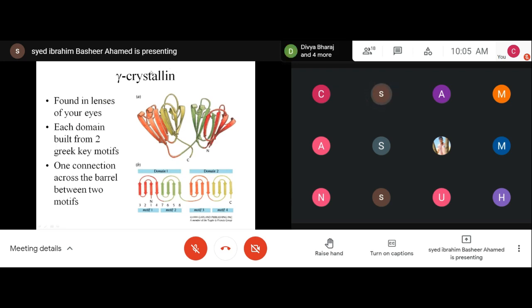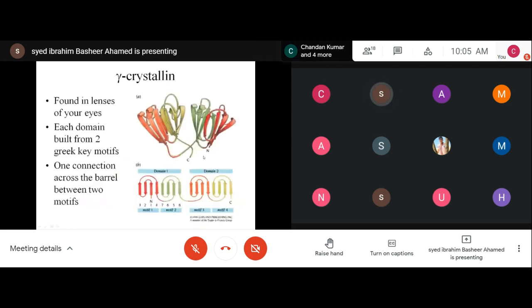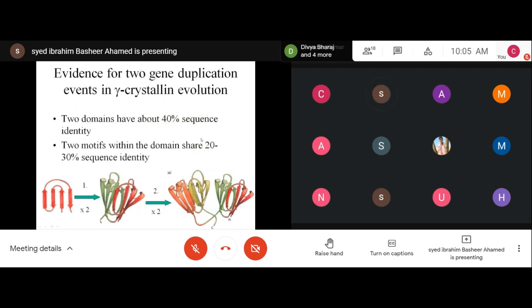Here you have two domains, and each domain has two motifs, again Greek key motifs. Between these two domains you have a crossover connection. The sequence identity between these two domains is only 20 to 30%, which is very narrow.